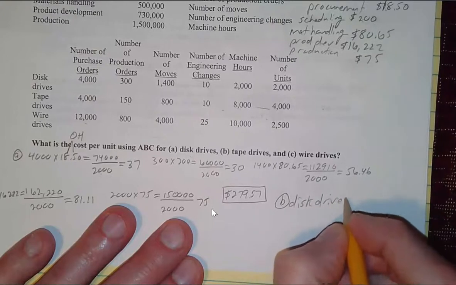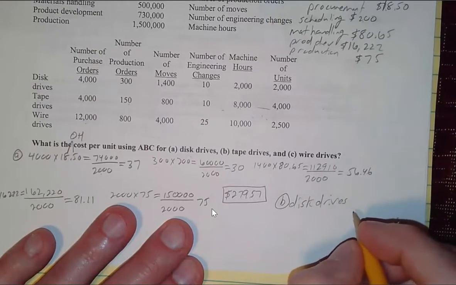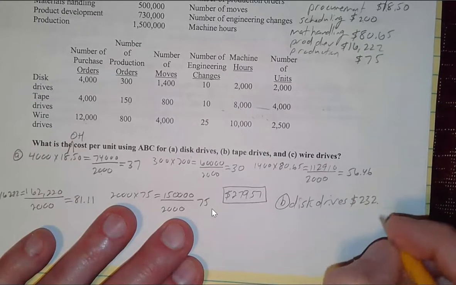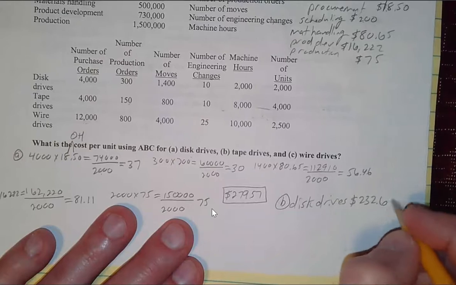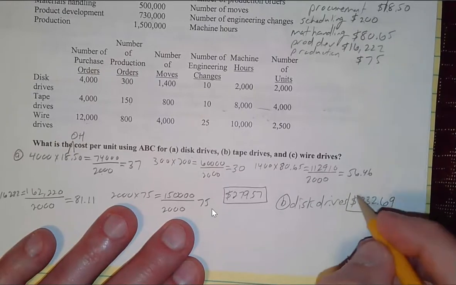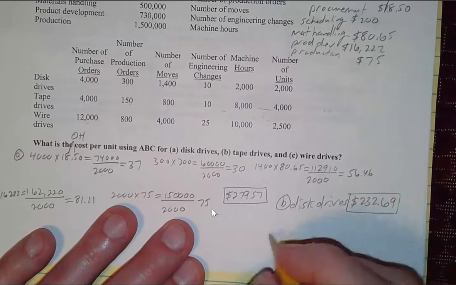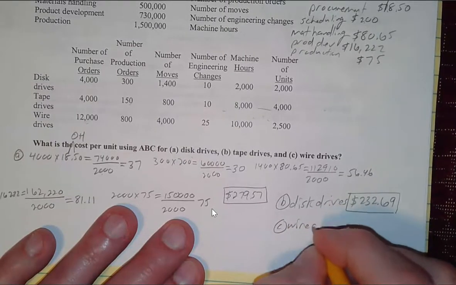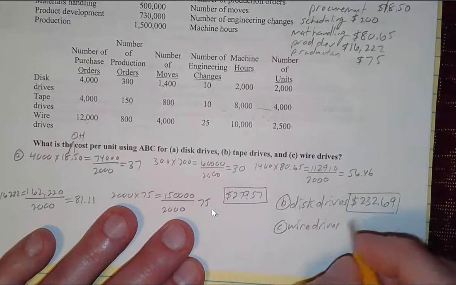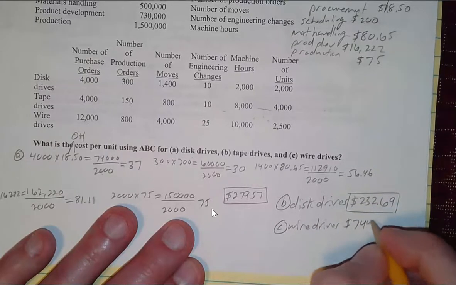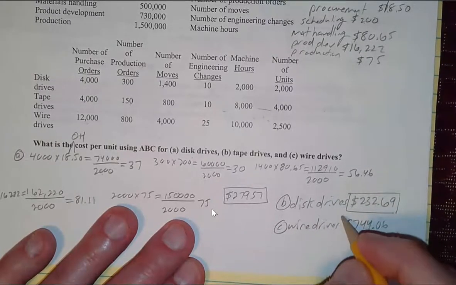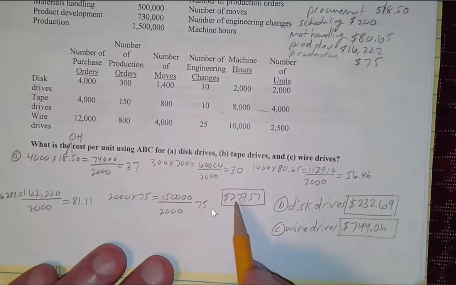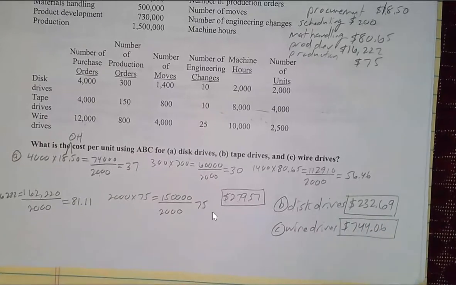Now what I'm giving you here is the final answer, okay? And then I'm going to show you how I got to that. 232.69, and then C for the wire drives, our answer is going to be $744.06. This is applied overhead per unit for these three figures, okay?